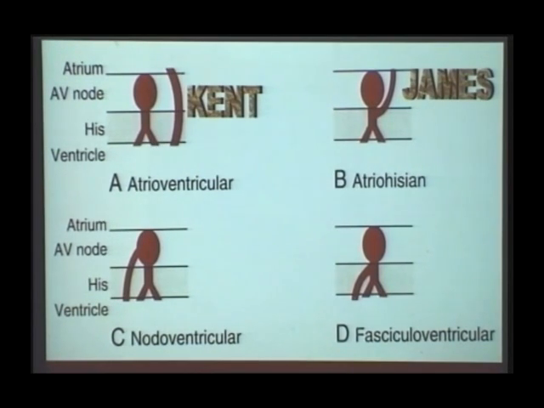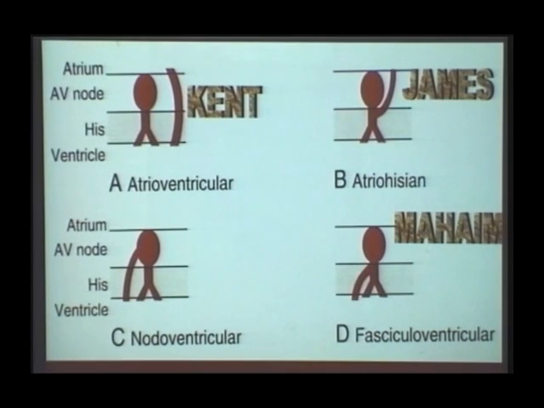And the third pathway connects from the AV node, or from the bundle of His, to the ventricle. Instead of the normal conduction system, there is another pathway from the His bundle to the ventricle, which is called Mahaim.